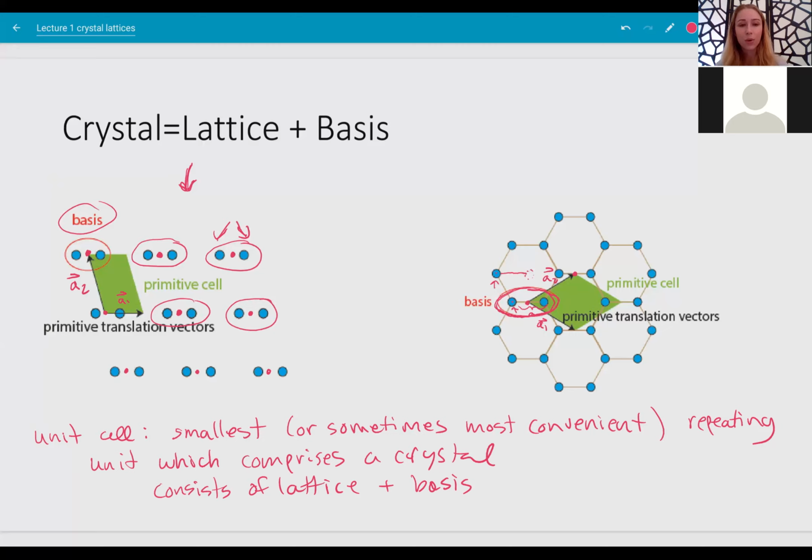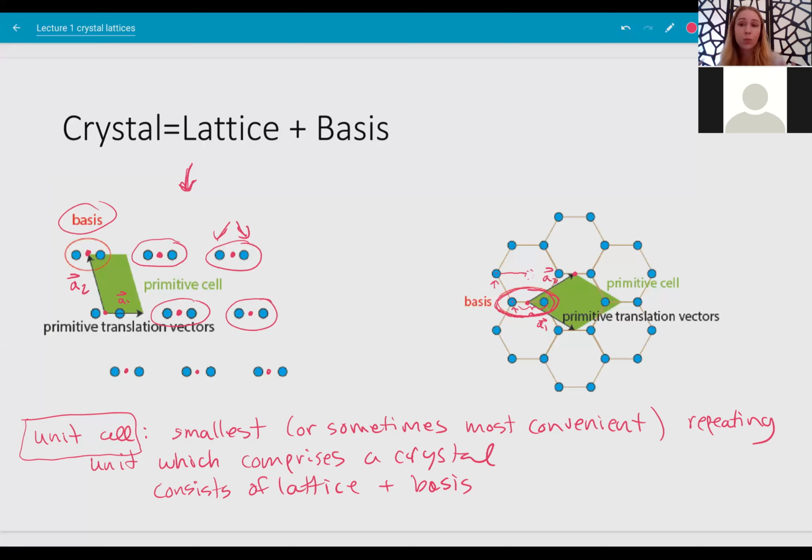I just want to emphasize that unit cell is the vocabulary word that you will most often encounter when you talk to solid state physicists, when you read papers, when you see figures in papers.